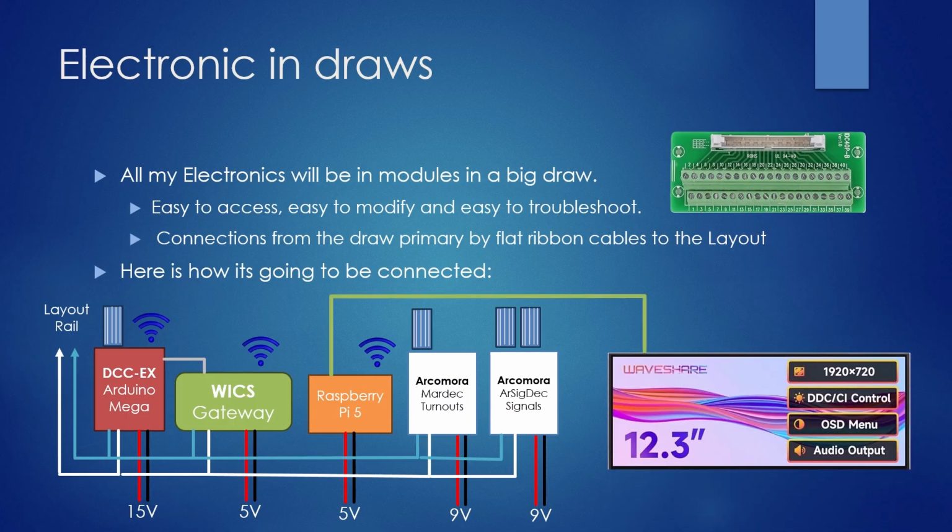A 12.3 inch touch screen will be connected through HDMI and USB to the Raspberry Pi 5, working as a mimic panel. That completes my choice of digital products and how they are connected to each other. In upcoming videos, I will show the connections on the layout and also make a demonstration of the functionality.